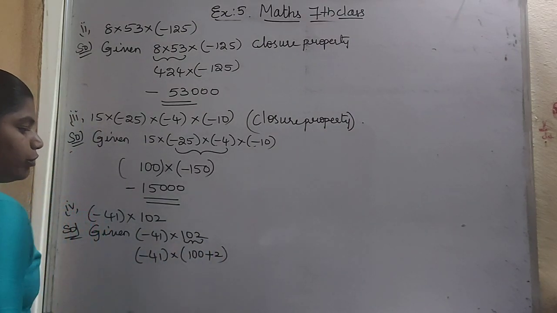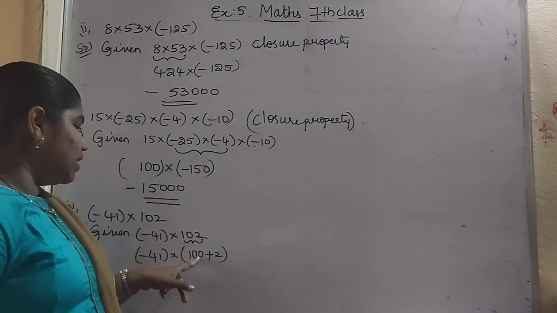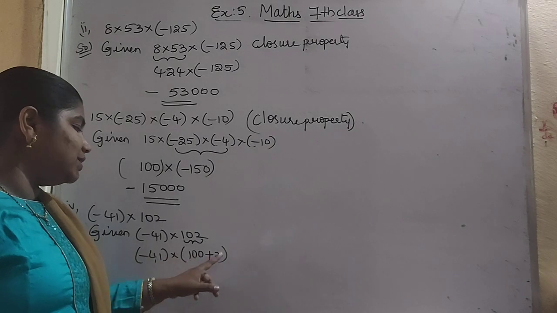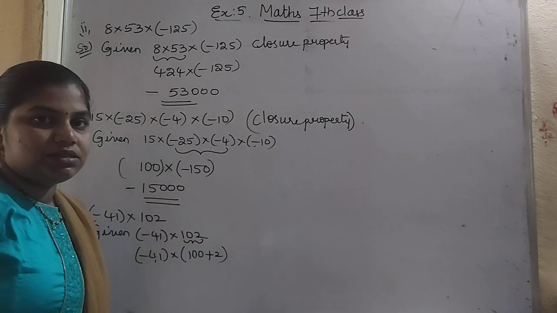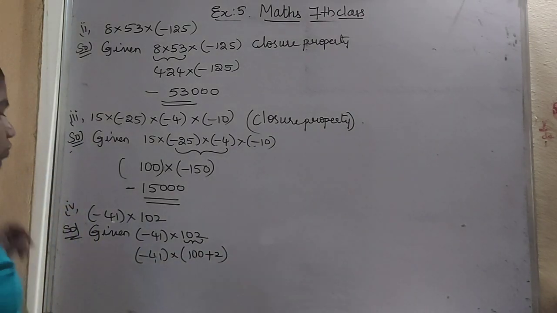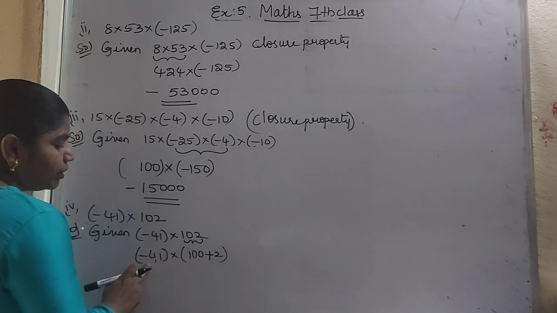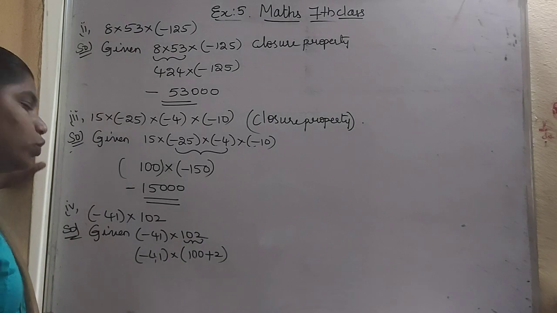Now this has been converted into distributive property, A into B plus C. So A into B plus C is A into B plus A into C. So we have to multiply 41 with 100, as well as 41 should be multiplied with 2 also.